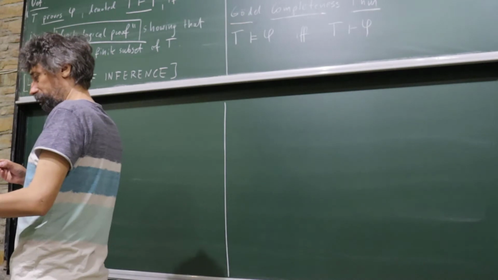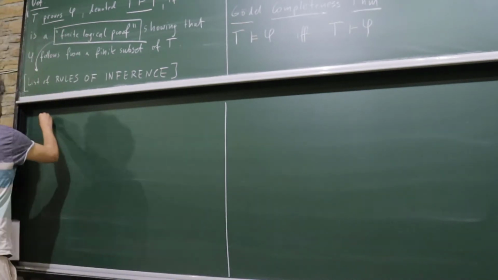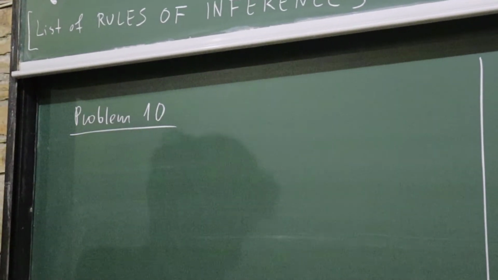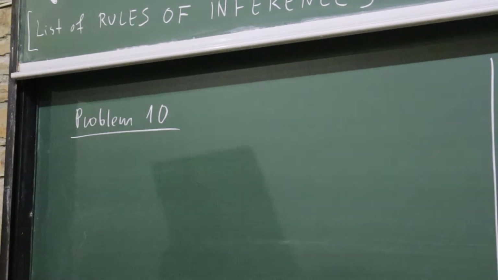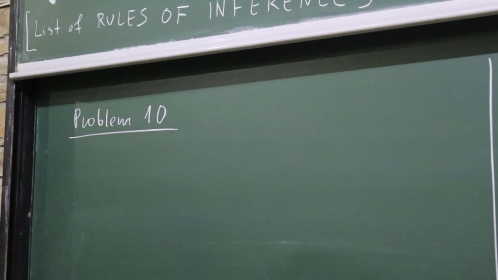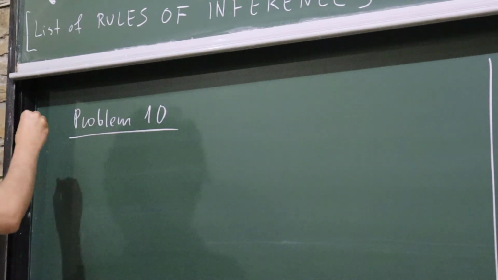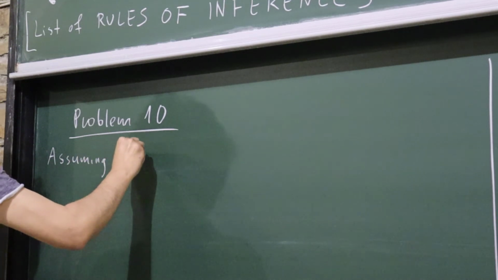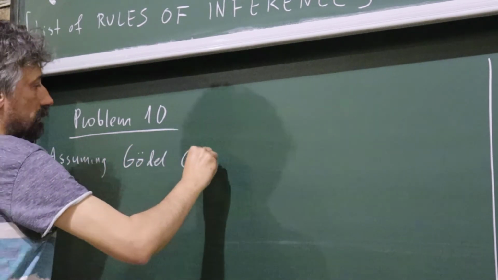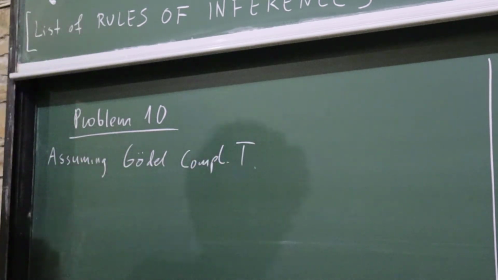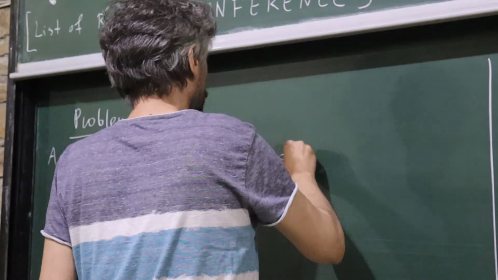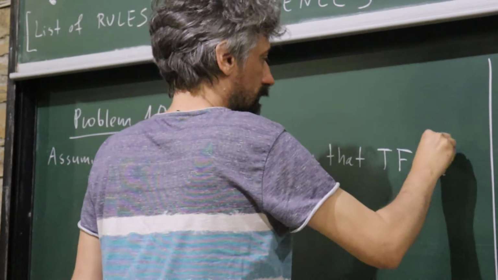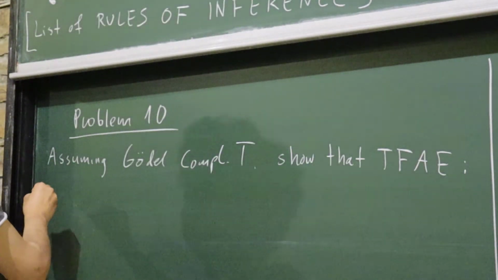So now there will be several problems, pretty abstract. None of them is difficult, but it may not be easy to jump into this kind of thinking. So problem 10: assuming Gödel's completeness theorem, show that the following are equivalent.